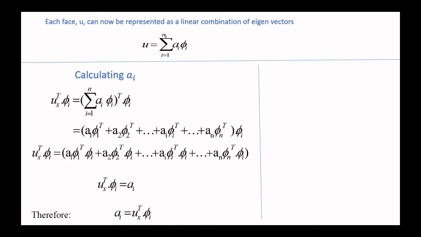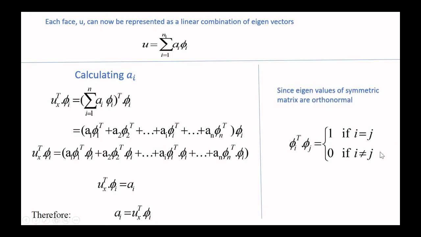To do that, let's see what happens if we take u_x, the unknown face, and find the dot product with the ith eigenvector. Replace u_x by the linear combination of eigenvectors as above. If we expand out the summation and take the dot product with phi_i, we can see that most of the terms reduce to 0.